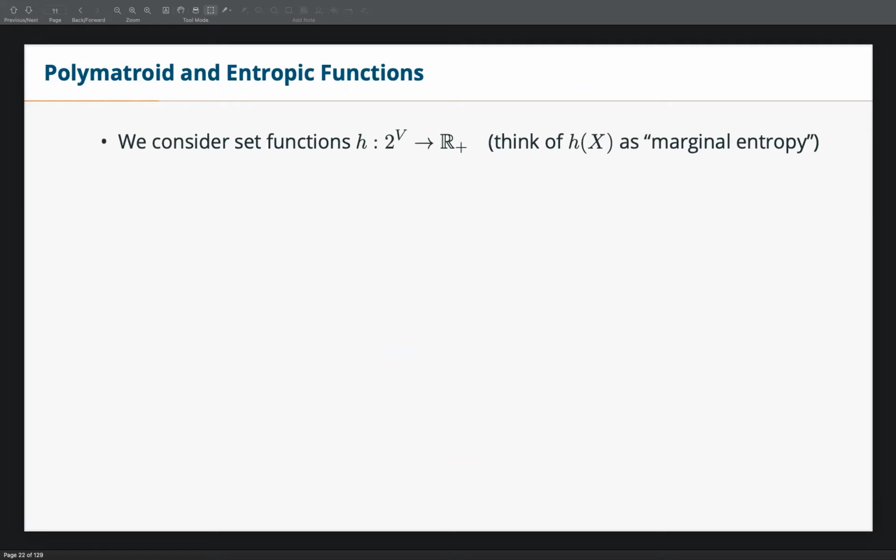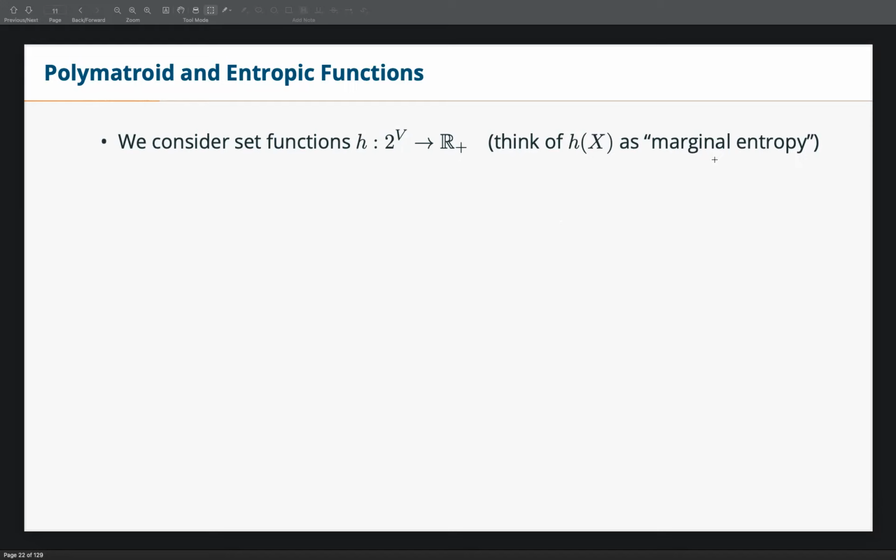Okay. So we will probably need to spend some time talking about polymatroids. So we'll be considering set functions, which are functions from subsets of variables of this query to real numbers. You can think of the quantity that we assign to a subset of variables as the marginal entropy on that subset of variables.